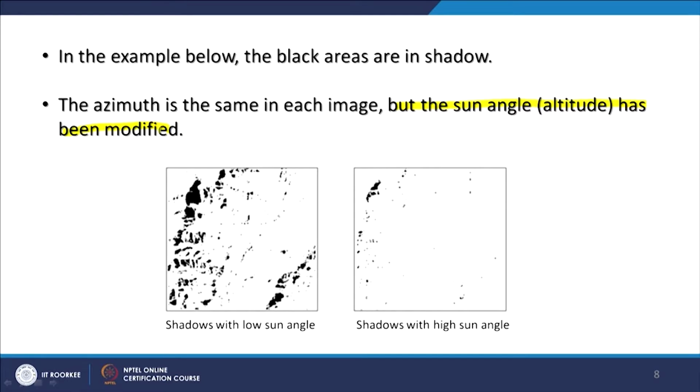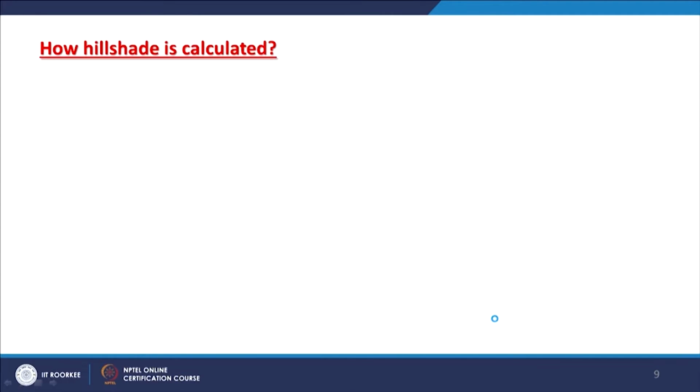As you know, when the sun is near the horizon, you would have large shadows, and when the sun is overhead, you would have minimum shadow or virtually no shadow. Again, as I have said, it depends on where you are located on the globe and in which season, but generally it is assumed that if you are on the equator at noon time, the sun would be overhead and no shadows would be there. So, you can simulate with a low angle sun or high angle sun as per your requirements.